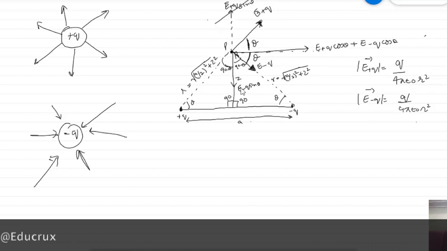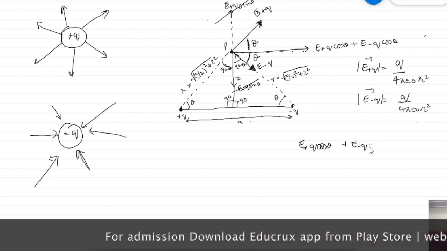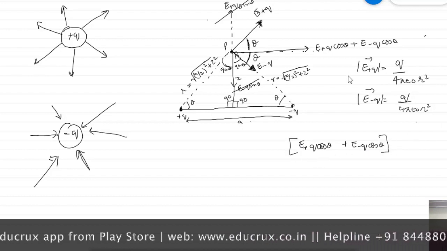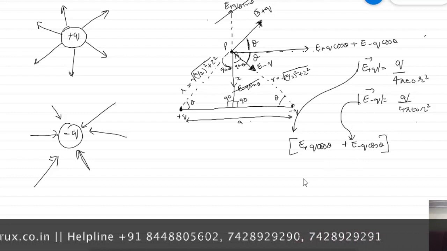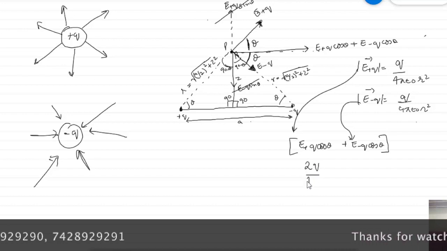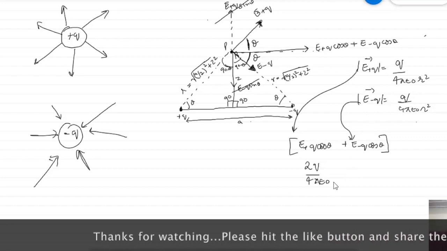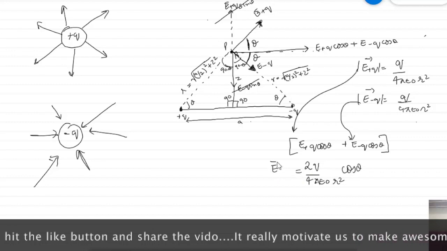So these two components will cancel out and my answer will be E plus Q cos theta plus E minus Q cos theta. Okay, so if I substitute the values for the field of each charge, it will be equal to 2Q by 4 pi epsilon naught R squared cos theta.